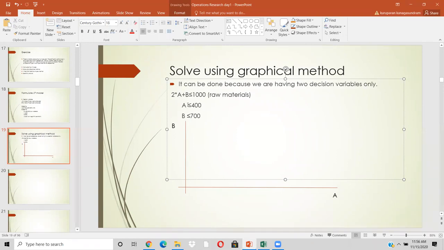Is it one line or will there be many lines like that? 2A plus B less than or equal to 1000 means there will be a huge number of values.